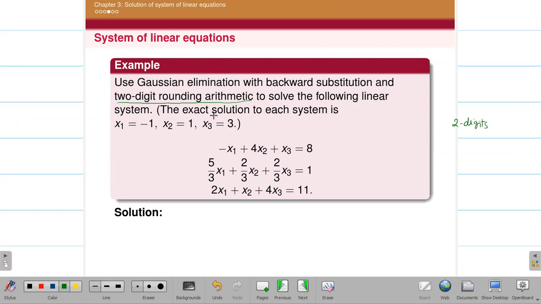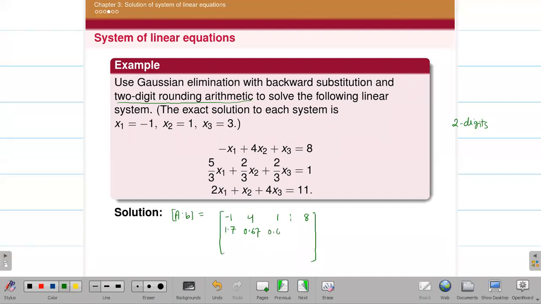To solve the system of linear equations, the exact solution is also given so that you can compare with the solution. So let us find out. First of all, you write the augmented matrix: -1, 4, 1, 2, 8. 5/3 in two digits with rounding is 1.7. 2/3 is 0.666, so it will be 0.67.